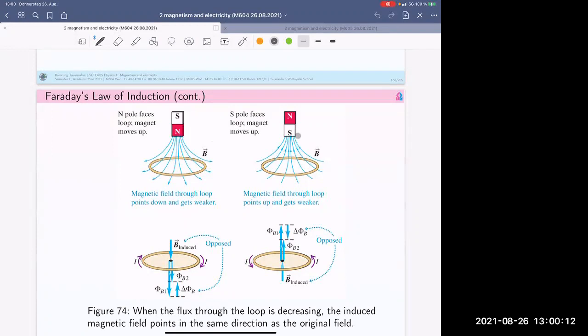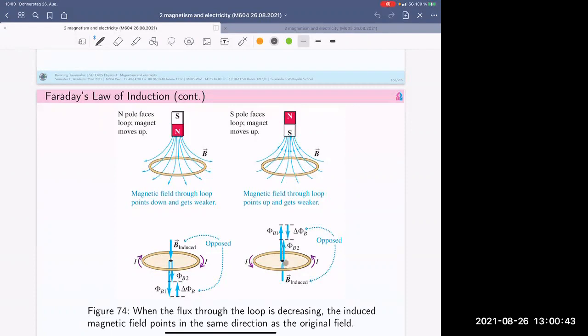Now let's consider the situation when we move the South Pole of the permanent magnet out of the conductor, okay. Before that, we get quite strong magnetic field lines with the upward direction, and when we move the permanent magnet out of this conductor, we're going to get a lighter magnetic field, right? Or a smaller amount of magnetic field lines.